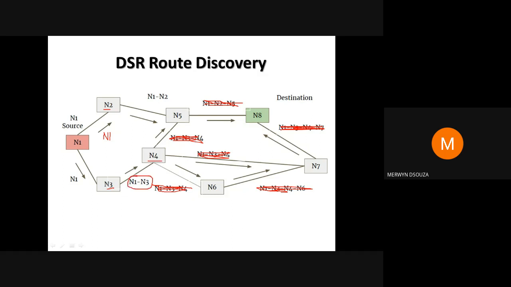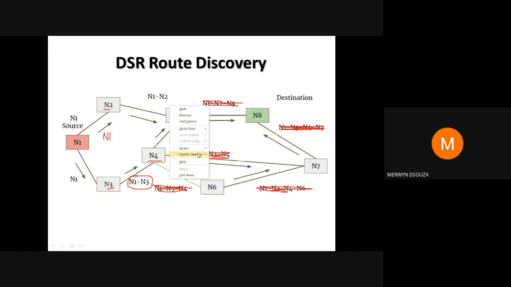So now N4 has got this packet. It sees that it is not the destination, so it adds its name to the routing record that is being created, and it forwards it to all its neighbors. You can see it has 3 neighbors, N6, N7 and N5. So it will forward this packet by adding its name to all its neighbors.